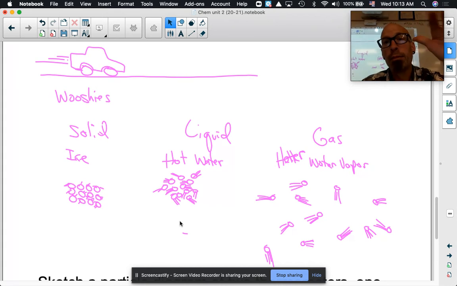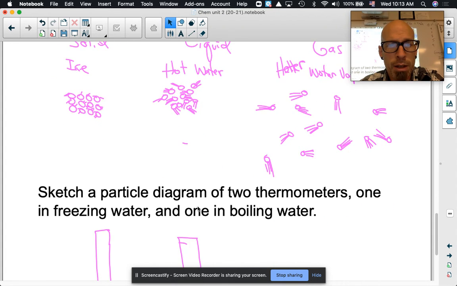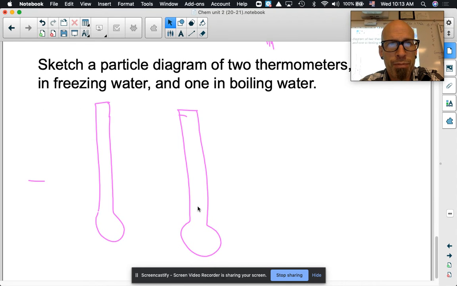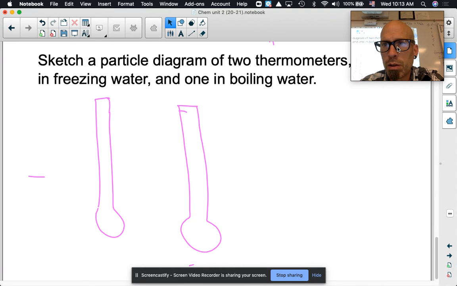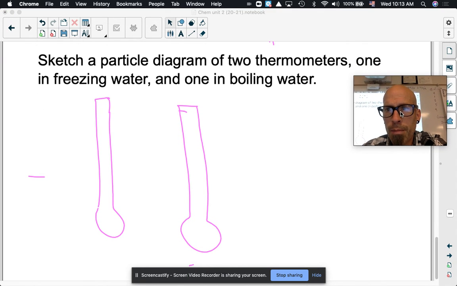All right. Now, the last thing I left everybody with, that we're going to talk about in the next class, which is also when the test is going to happen. We're going to finish talking about all this stuff, and then you're going to take the test. This is the question I wanted to have answered. I wanted you all to sketch a particle diagram of two different thermometers, one in freezing water, one in boiling water.